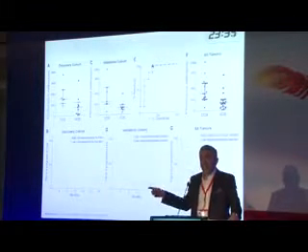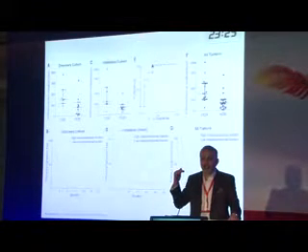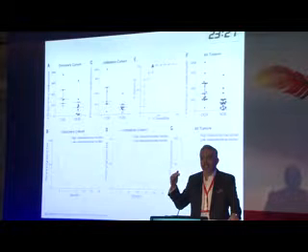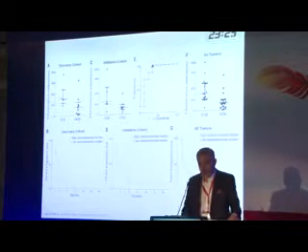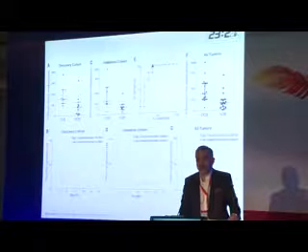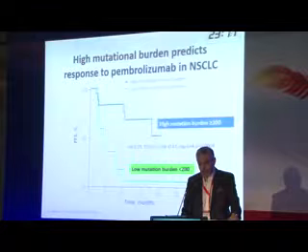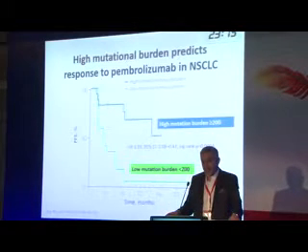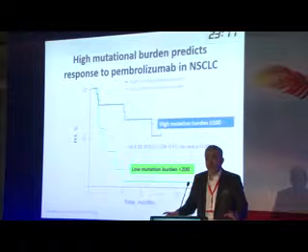This was studied in non-small cell lung cancer, showing that if you take a mutational load cut point of 200, you can predict those who respond very well to that treatment, shown in green, while those who have less do not respond to the immunotherapy. And this has mainly been published in non-small cell lung cancer with mutational load.